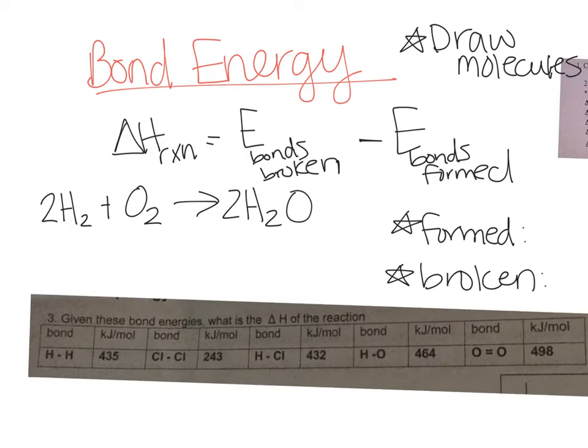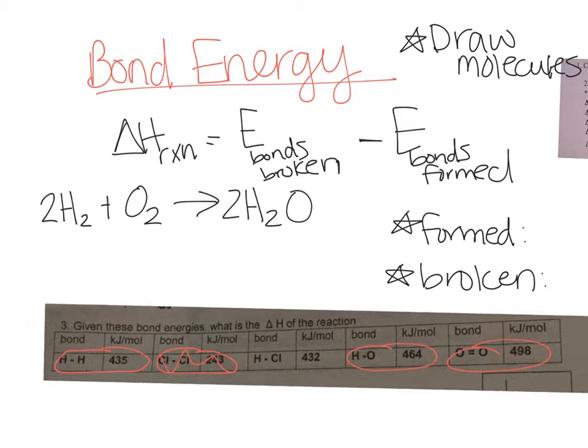But you can kind of see all your different pieces of information in here. So in this table, you can see that an HH bond has this much energy. Okay? A Cl-Cl bond has that much, an OH bond has that, and an OO has that, right? We're not really going to use a Cl. But looking at that information, now we just got to know where to put those numbers and how much to multiply them by. And I would say that is the hardest part, okay?